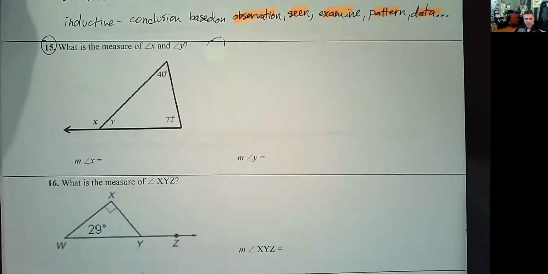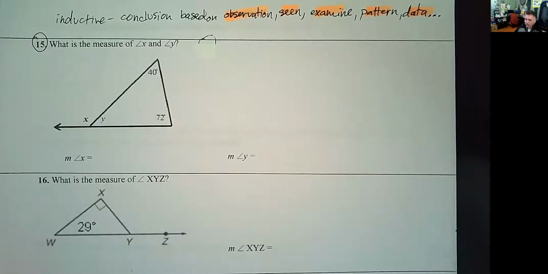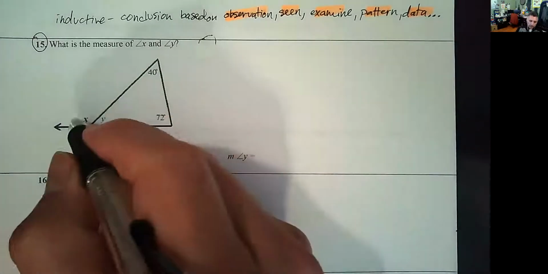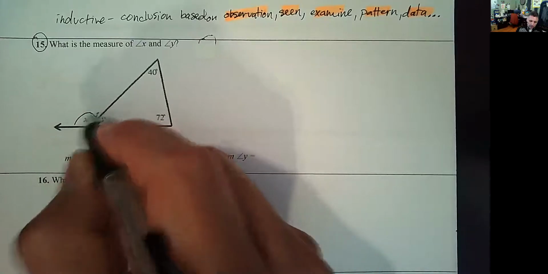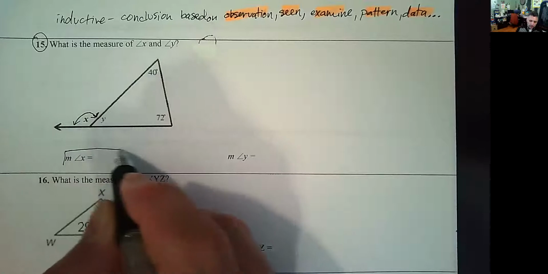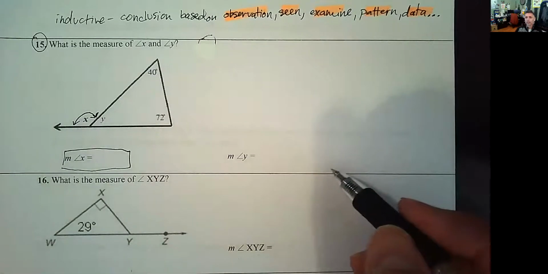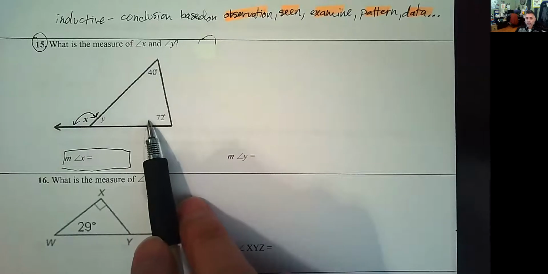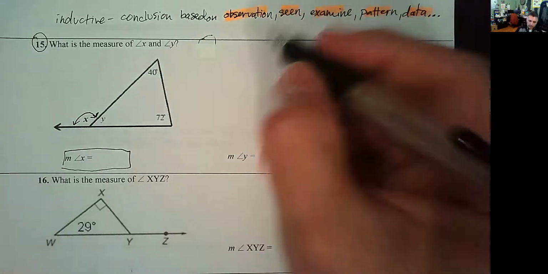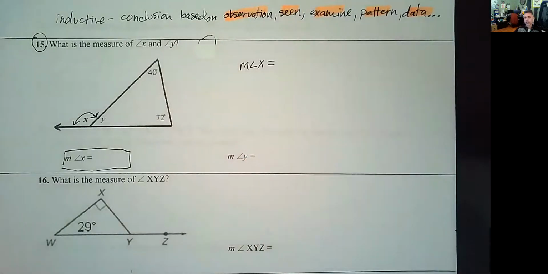So for 15, we have this triangle. If we want to find the measure of angle x, it is an exterior angle to the triangle. And I said, whenever you have, I think it's called the exterior angle theorem.